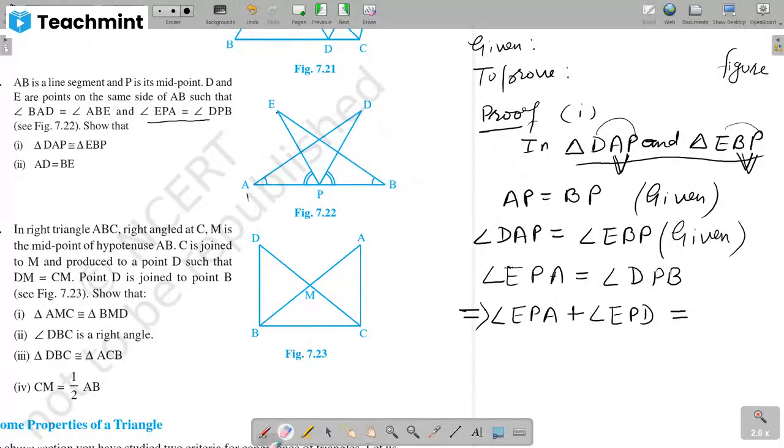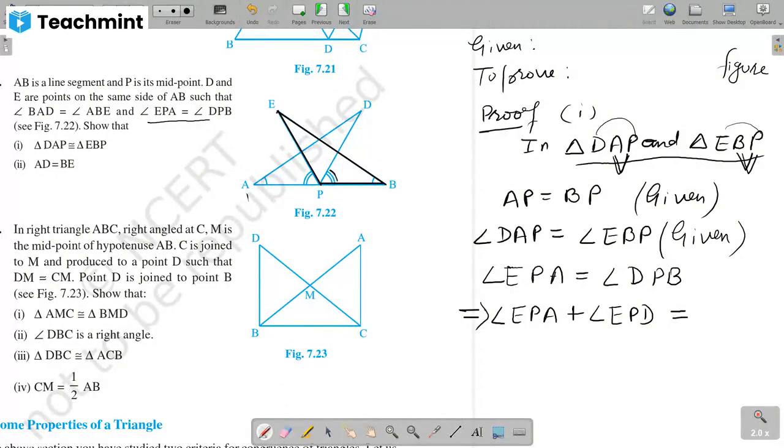Because if you see again this triangle EBP, we have considered this triangle, but the relation with this angle is given.